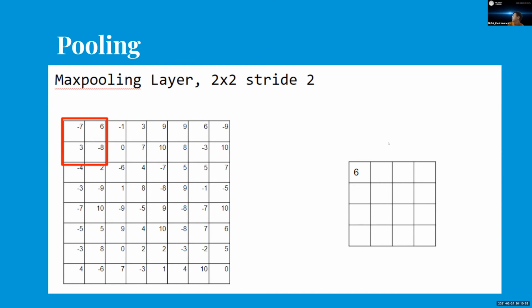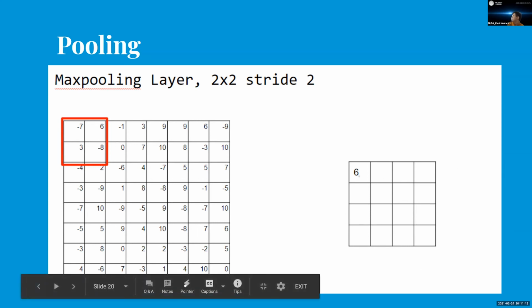I move directly 2. So I take these 4 inputs as 1, and these 4 inputs as 1. This is called stride. We have a stride of 2 here, which means that we move 2 each step. So we move 2 here, move 2 here, and move 2 here. In the end, we get a 4 times 4 output, which is a way to downsample your data.